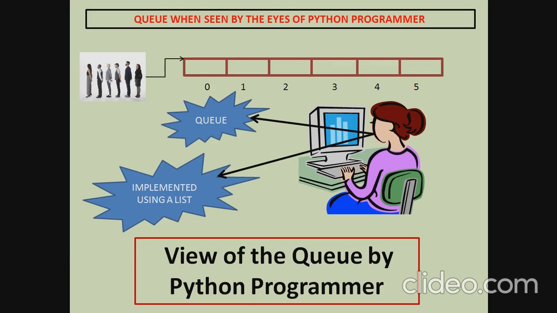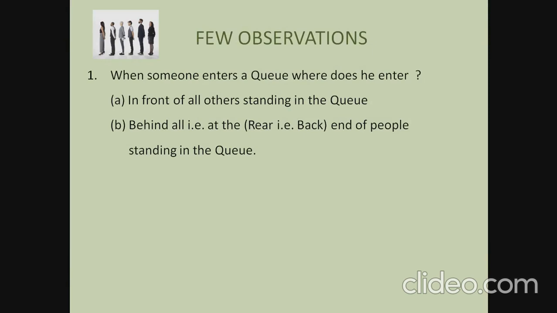So, what are the observations we have till now about a queue? The observation is that if somebody enters a queue, he has to enter behind all.